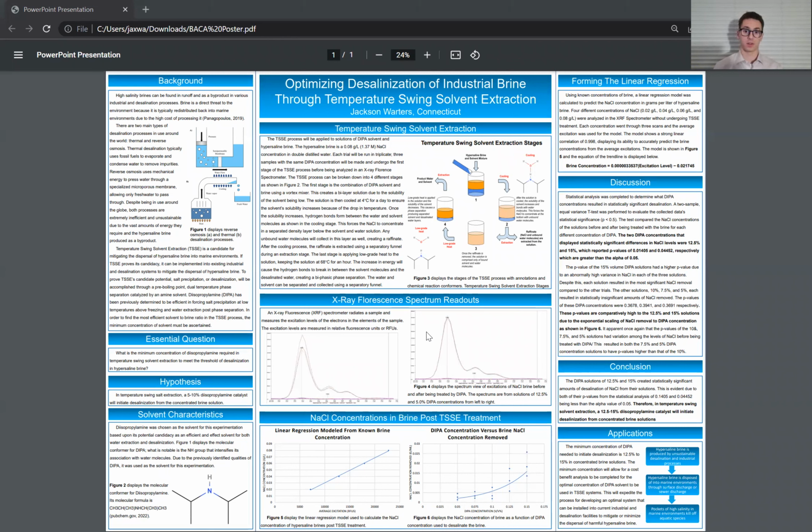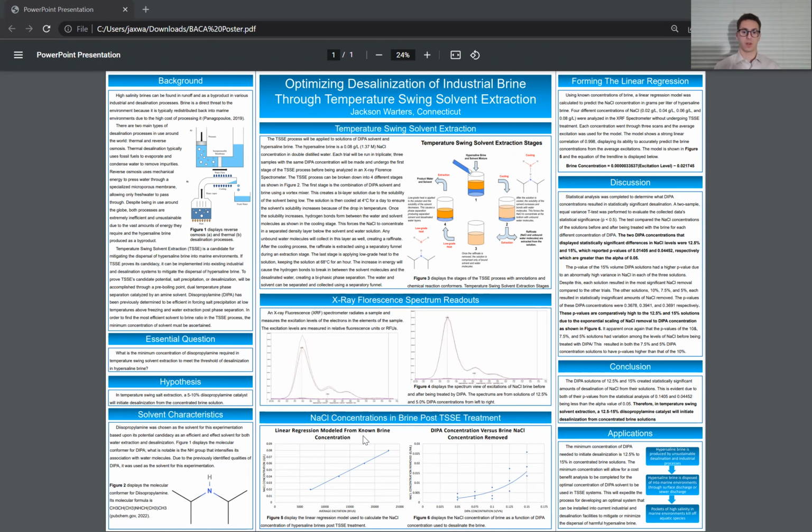the TSSE process occurs. I'm using the XRF spectrometer to predict the amount of sodium chloride in the salt using a linear regression model, which is shown here. And basically how I made that was I used 4 different known concentrations of hypersaline brine, which were 0.2, 0.4, 0.6, and 0.8 grams per liter concentrations.